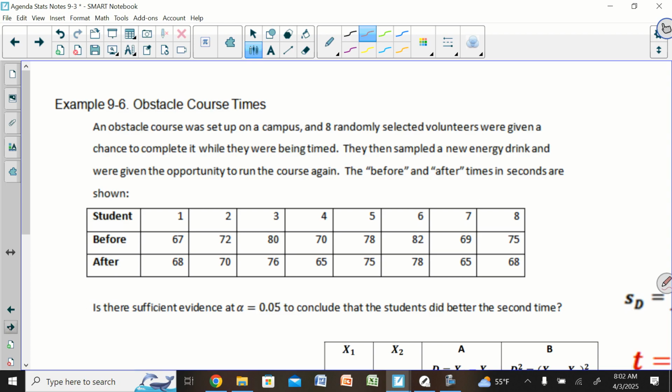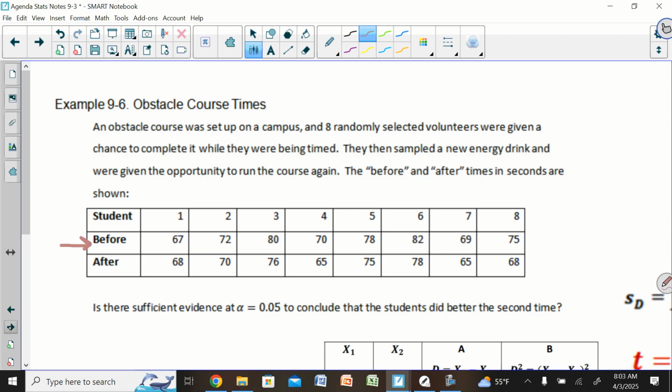All right, so let's run through a problem. Just what you've been looking for. An obstacle course was set up on campus and 8 randomly selected volunteers were given a chance to complete it while they're being timed. So right here, they're competing. Here's our student 1 through 8. Here's their times in seconds before, when they first ran.